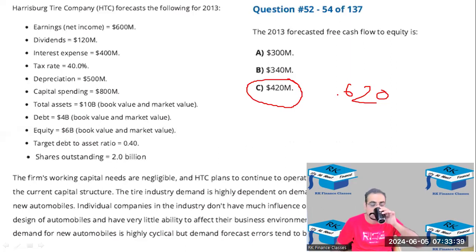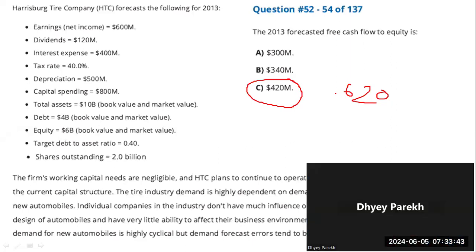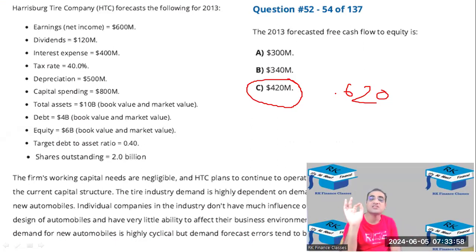Sir, if there is a capex or a working capital investment in any question, is there a 100% possibility that a loan or equity is being taken? Yes, 100%. From the financial modeling perspective, if you are making a working capital investment, where will the money come from? Either lenders' money or equity holders' money. So there should be some money coming for WCI and capex. Practically, it could depend upon the situation. If the debt market is favorable we might take a loan, if the equity market is favorable we might take equity.